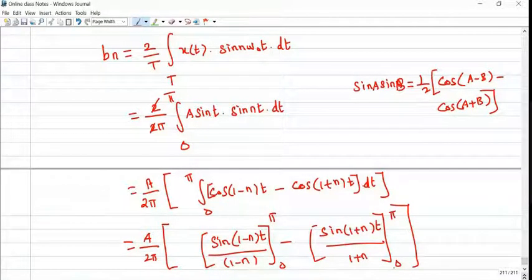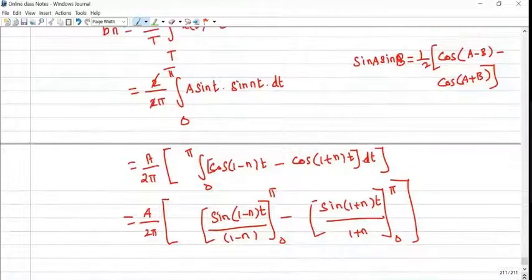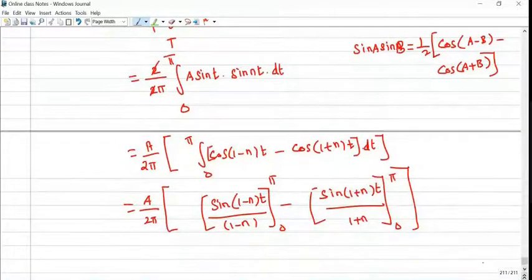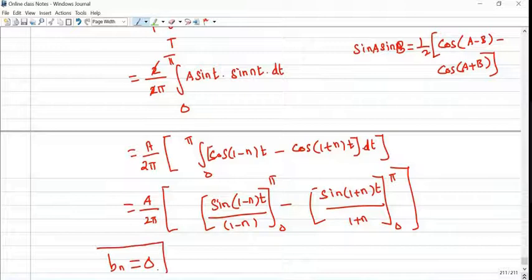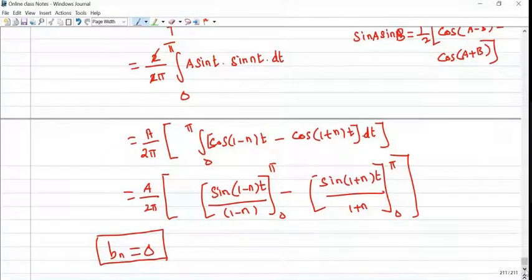So sine pi, sine 0, your result will be 0 only. So 0 minus 0, and 0 times anything is 0. So your Bn value is 0. You substitute your upper limit and lower limit. Sine pi is 0, sine 0 is 0, or sine n pi is 0. So for this example, Bn equals 0.